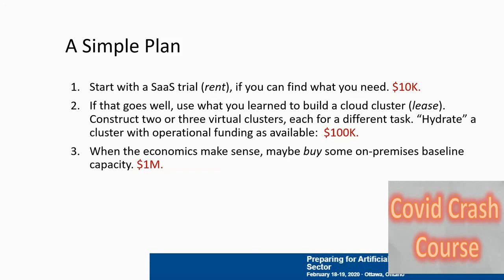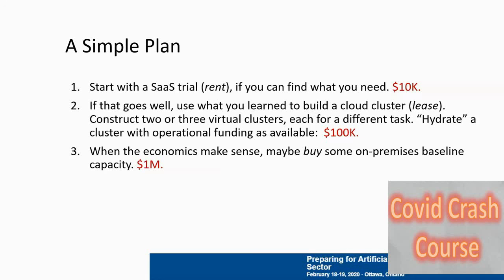You don't have to have one cluster. If you have several different tasks, then you're going to use several different tools. You can tweak the clusters, whatever you want to do. Save those configurations as your own virtual clusters, and then when the money and the funding hits, we'll hydrate the cluster, add water, add fuel, and hundreds of thousands of dollars is probably the budget for that.